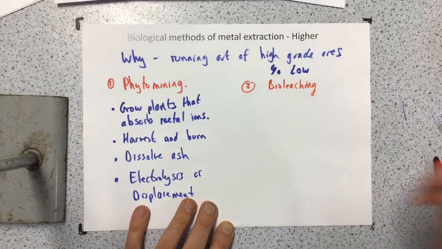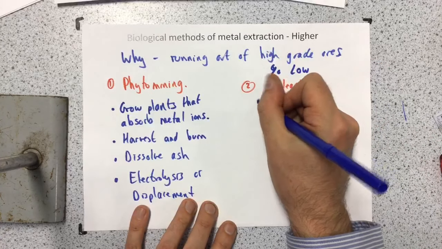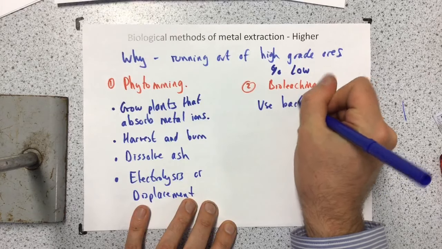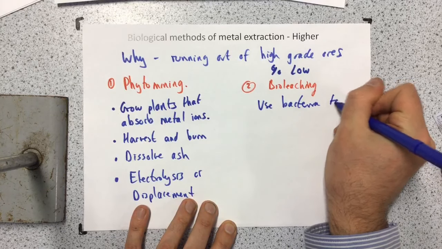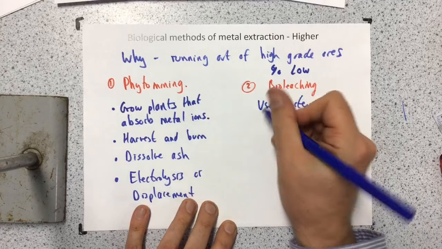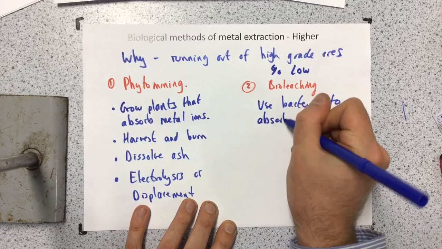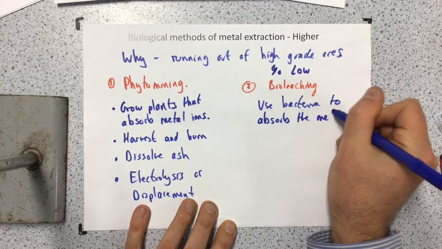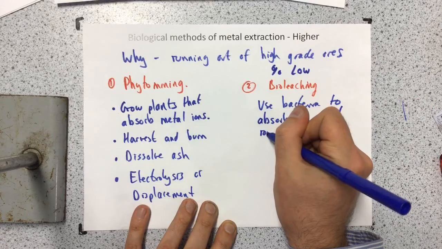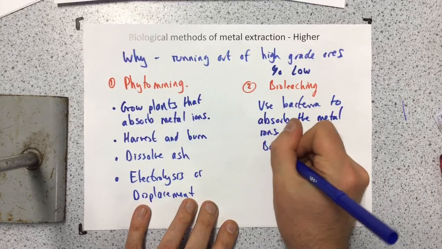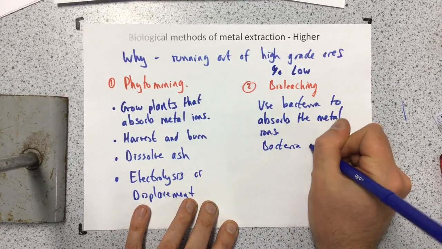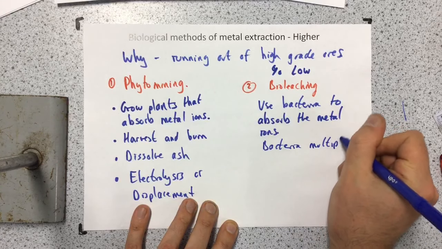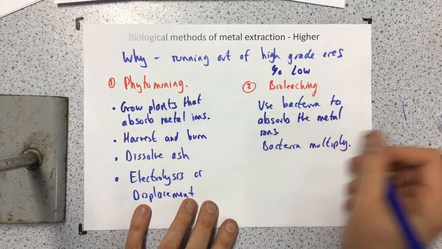Okay. The next one is bioleaching. What is bioleaching? Bioleaching is you use bacteria to absorb the metal ions. This is good because bacteria multiply. What do you do next with the bacteria?